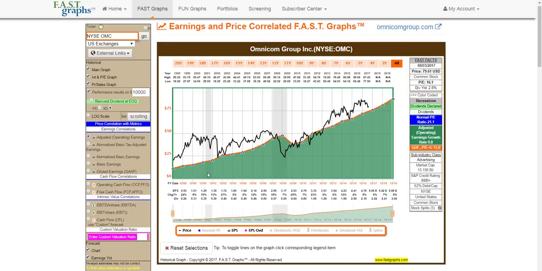My next example, I'm going to look at Omnicom Group, and I want you to see a couple of very interesting facts here. The company grew earnings at 9.8% since 1998. However, there were some real high periods of overvaluation here, but let's start with the beginning like we have with each other example. We have a PE ratio of about 26.5. The ending PE is 16.1.